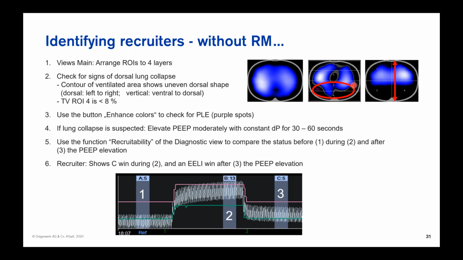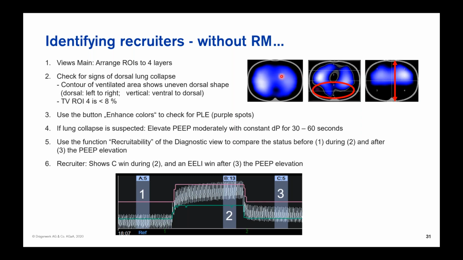Another example where it makes a lot of sense to test recruitability is when the ventilation distribution is occurring mainly in the ventral half of the lung. In very many cases, especially in postoperative patients, we see that more than 80% of the ventilation is distributed towards the ventral half of the lung. So the first part should always be to check for signs of lung collapse or at least absence of dorsal ventilation.